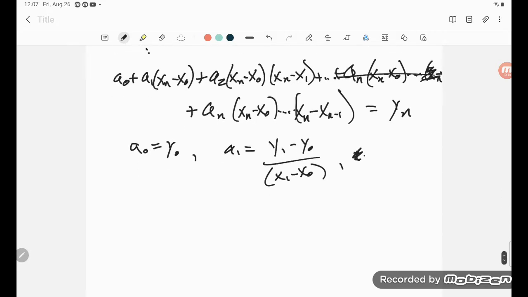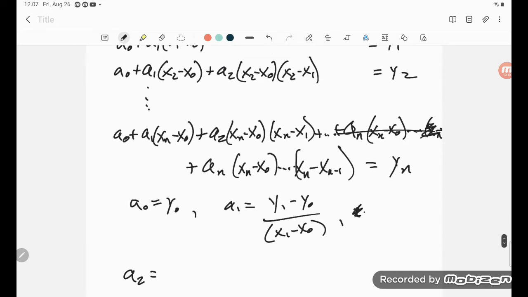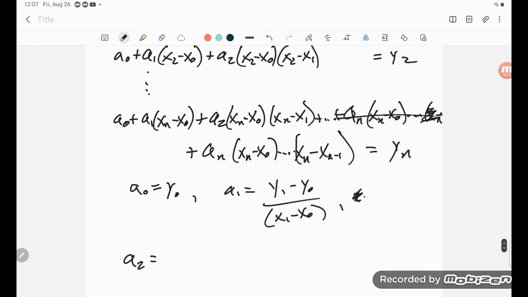Well, we'll probably need to put it down here. A2 is equal to, now this one, well, I've got my y2. Okay, so I've got that. And then minus a0, so minus y0.